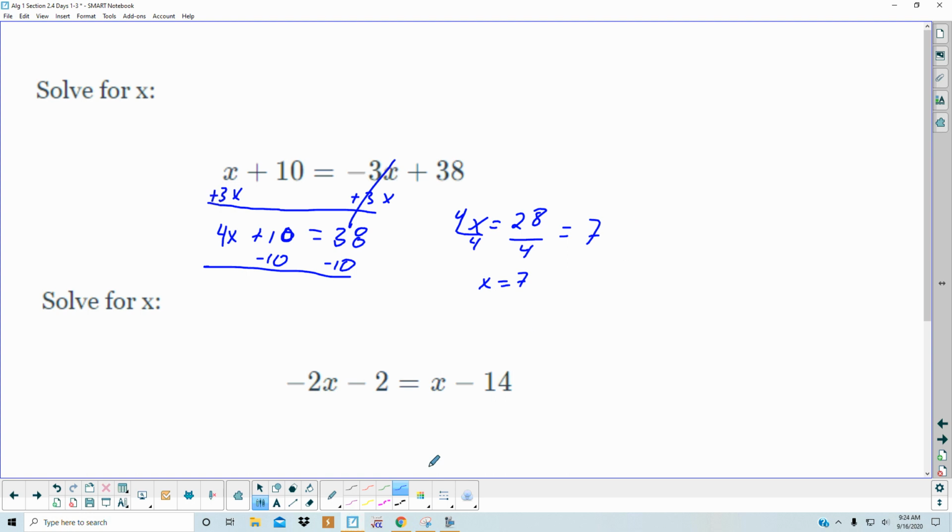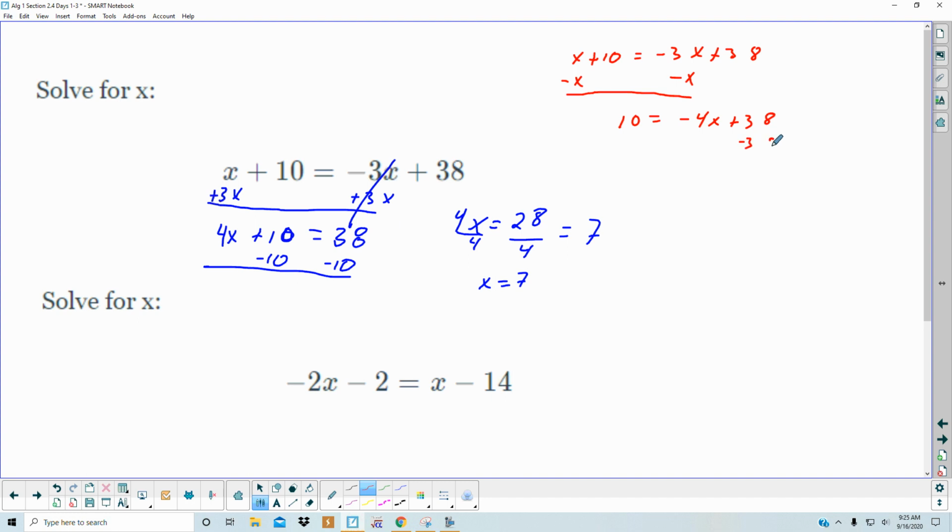Now, I'm not going to try and confuse this, but I want to show you something a little bit different. I've been doing it without saying anything. And I'm assuming it does seem all logical and you're like, yeah, no problem. I've been moving stuff to the left side. You can move stuff to the right side. So now I have 10 is equal to negative 4x plus 38.